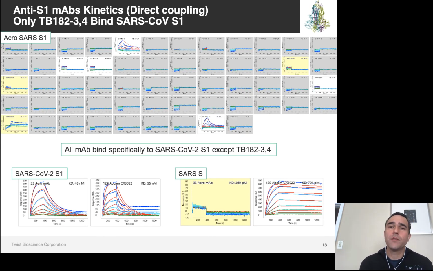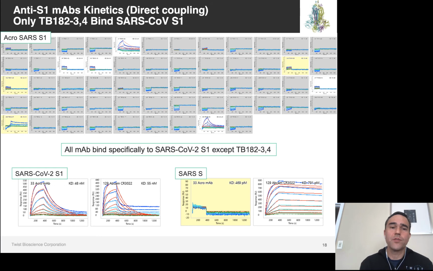When we look more at specificity of these antibodies, in particular the top 2 leads, TB182-3 and 4, we wanted to see whether there was any cross-reactivity with the original SARS-CoV virus S1 protein, compared to the SARS-CoV-2 S1 protein. And we see that only those 2 antibodies show any binding to the original SARS-CoV virus.